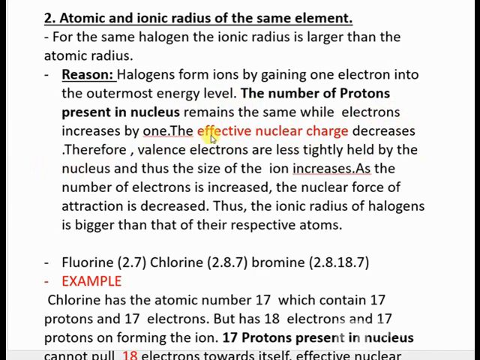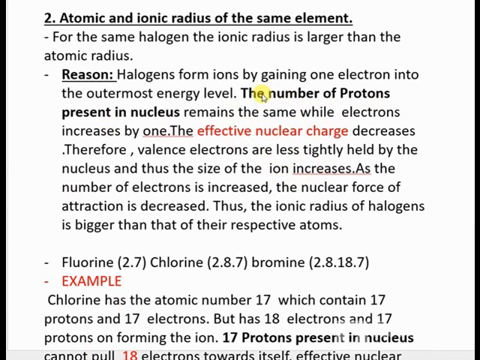The effective nuclear charge decreases. Therefore, valence electrons are less tightly held by the nucleus, and thus the size of the ion increases. That's what I want you to understand. As the number of protons remains the same, remember protons are directly proportional to the effective nuclear charge.